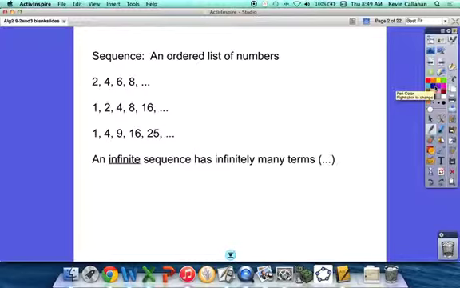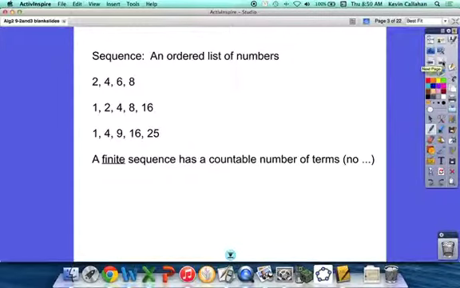Now, a sequence can be infinite or it could be finite, right? Infinite means it goes on forever. It has infinitely many terms. And you recognize it by the dot, dot, dot at the end. That means there's infinitely many terms in the sequence. The finite one has no dot, dot, dot at the end.